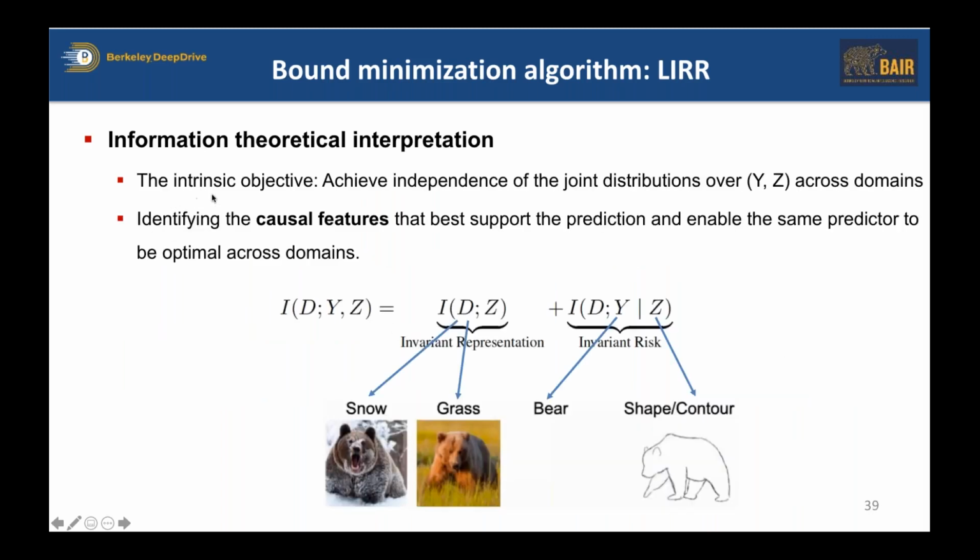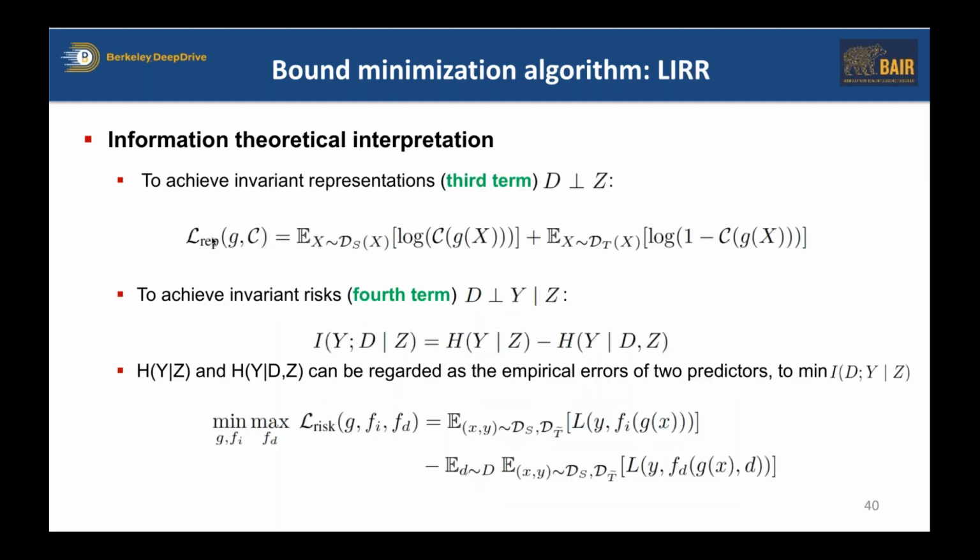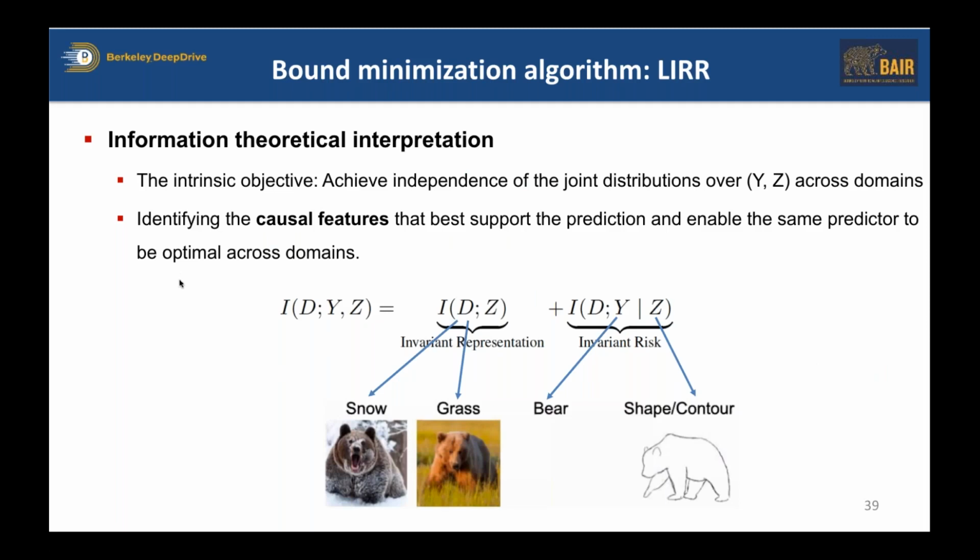So the intrinsic objective becomes that we want to achieve the independence of the joint distribution over Y and Z across domains. In order to achieve this goal, we want to identify the causal features that best support the prediction and enable the same predictor to be optimal across domains, which equals to this one.